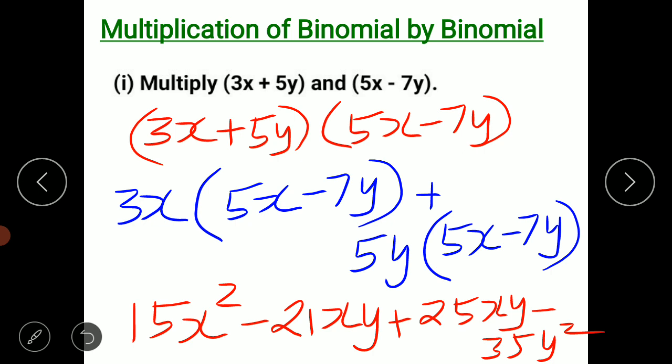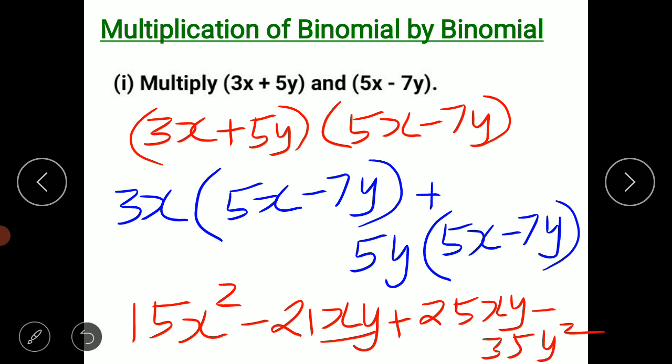So now we need to see, are there any like terms to be simplified? Here the x square term; just find out, is there any other x square term? No, is it? This is the x square term, but there is no other x square term to group.